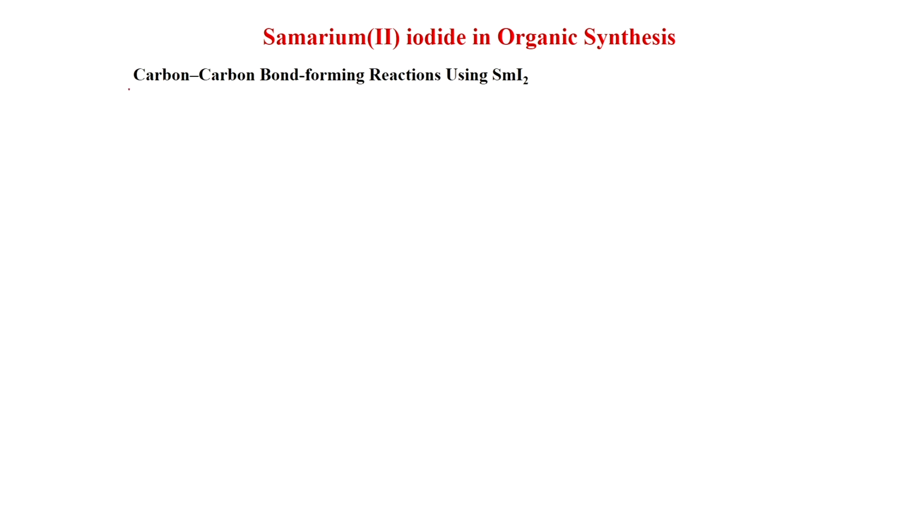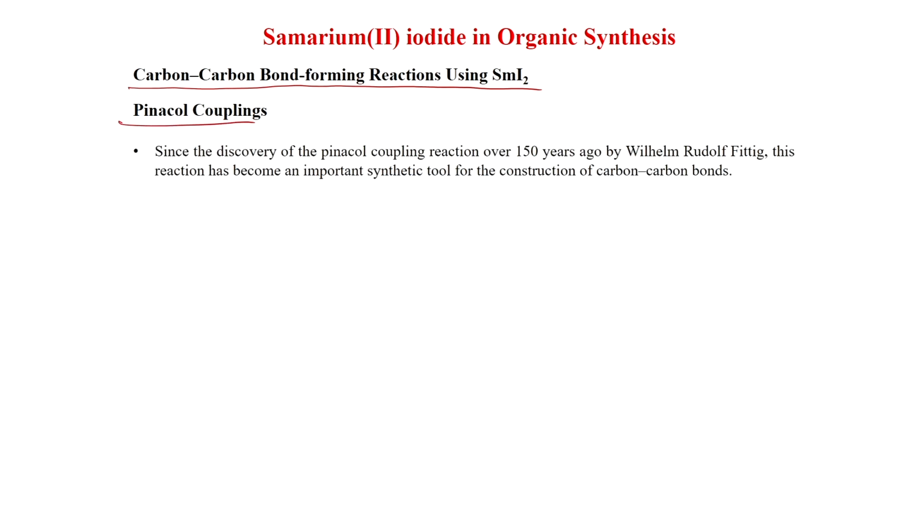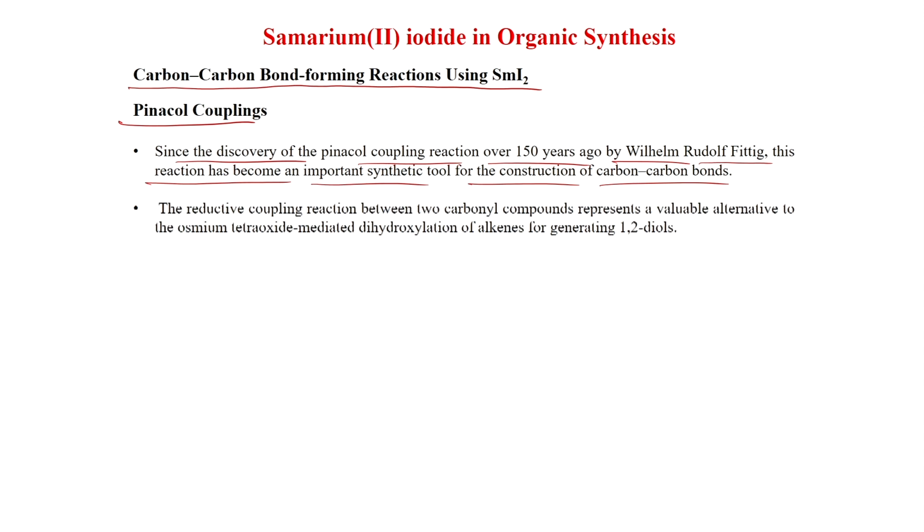Now, we will discuss carbon-carbon bond formation reaction using samarium iodide. So far, we have seen different reactions with the functional groups. Now, we will see whether we can combine this strategy with CC bond formation reactions. So, first we will discuss pinacol couplings. Since the discovery of the pinacol coupling reaction over 150 years ago, this reaction has become an important synthetic tool for the construction of carbon-carbon bonds.